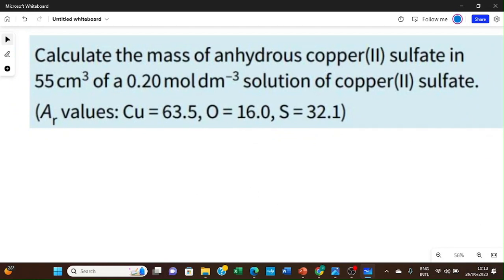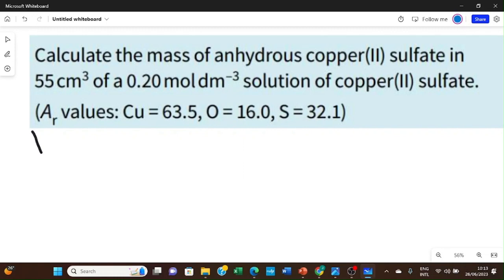Well, this is a typical example. This is an example 2. Calculate the mass of anhydrous copper 2 sulfate in 55 cm cube of a 0.2 mole per dm cube of copper 2 sulfate. So it's as simple as ABC. All we need to do is just to apply the formula. So let's look at the values we have here.